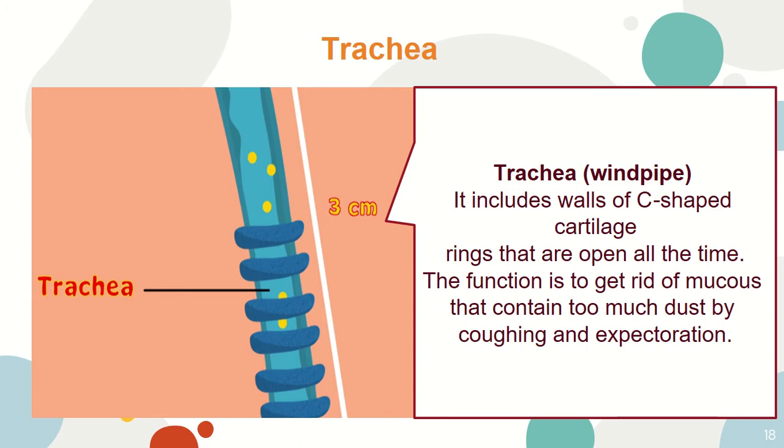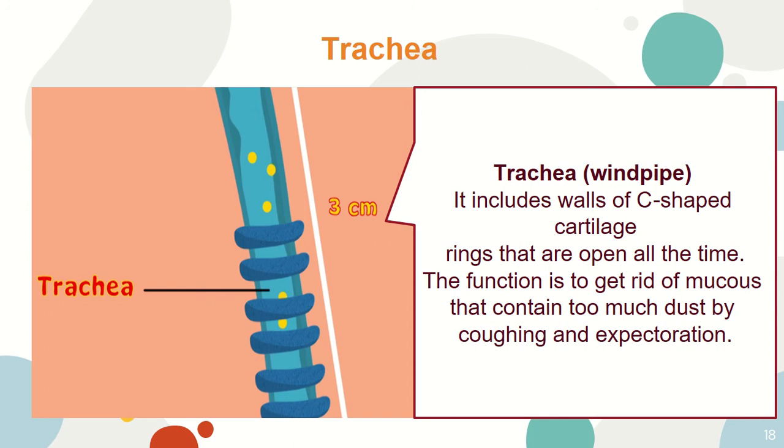The next part is the trachea. The trachea, or windpipe, has walls made of C-shaped cartilage rings, this one, that are open all the time.